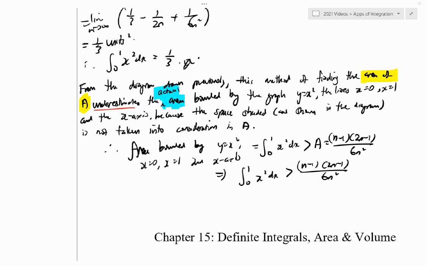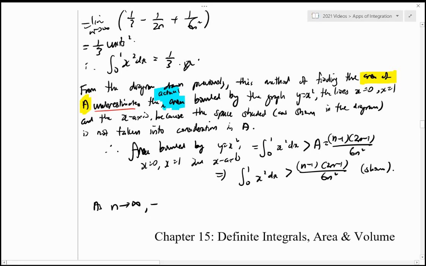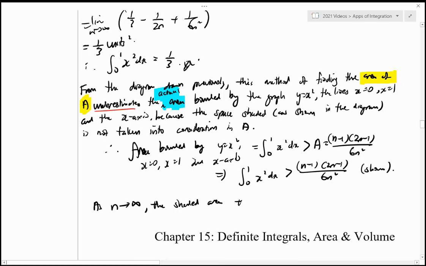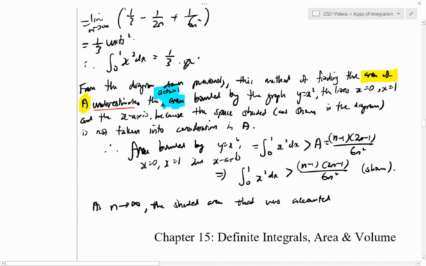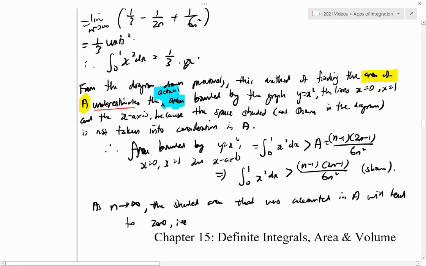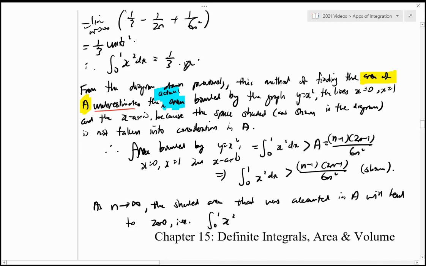Okay, so this is showing what we need for the inequality, but as n tends to infinity, the shaded area that was not accounted for in A will tend to 0, i.e. the integral from 0 to 1 of x squared dx will then be 1/3.